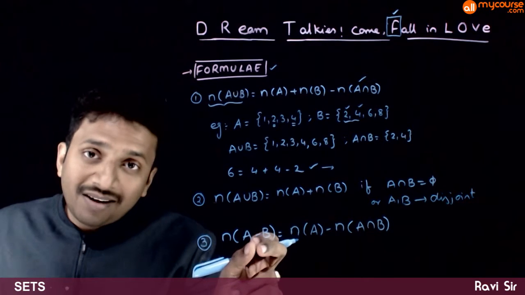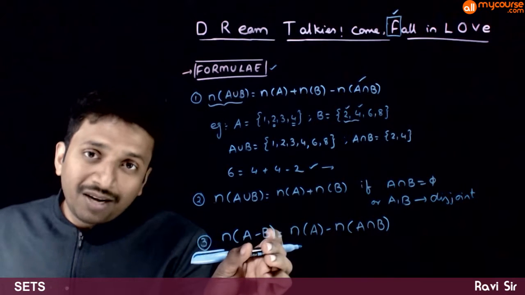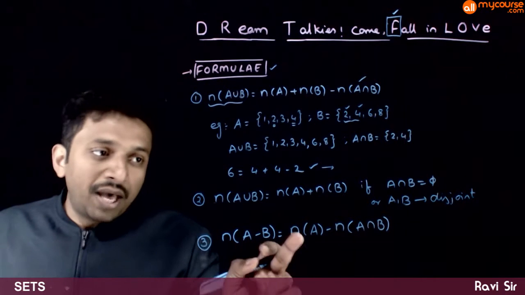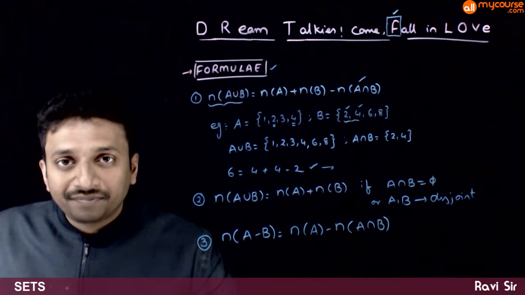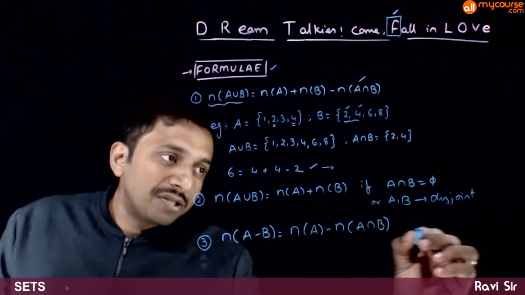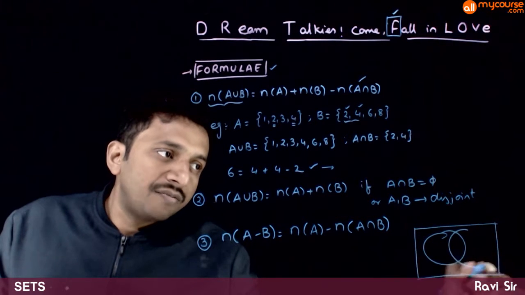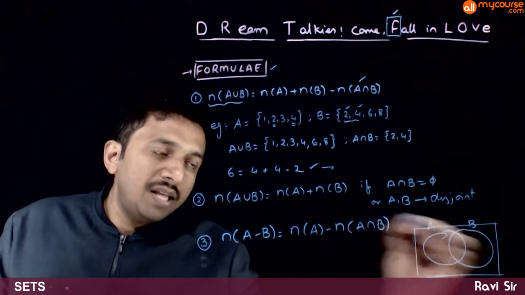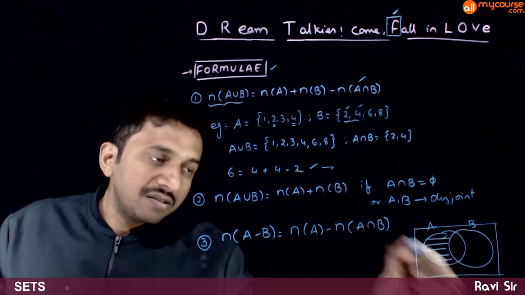When you want to calculate A minus B, you need to remove the common elements of A and B from A. So n of A minus n of A intersection B. And you can see this from the Venn diagram also. So if you have two sets A and B, what is A minus B? A minus B is this region.